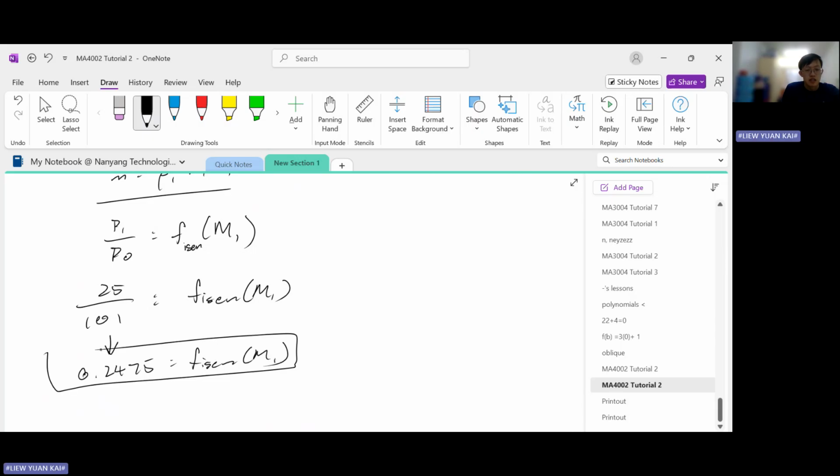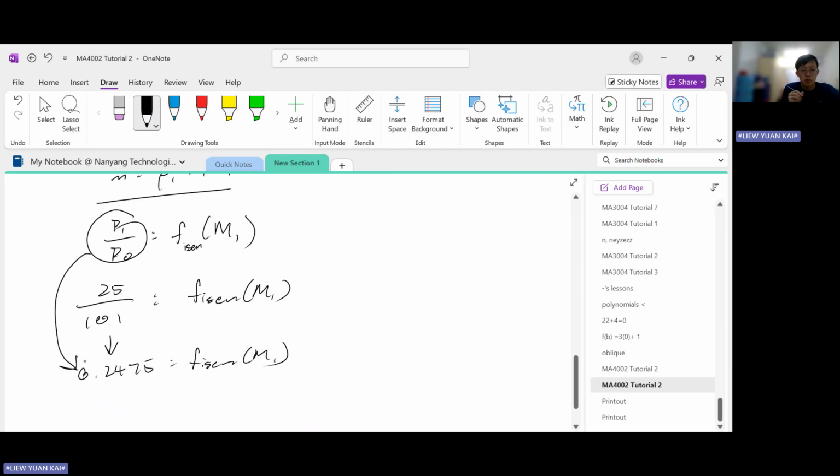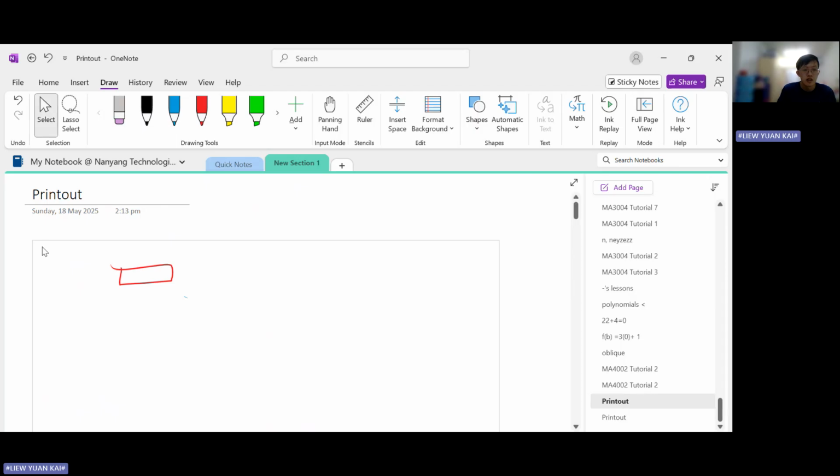This means that I need to go to the isentropic flow table and find the row in which the pressure ratio is equal to 0.2475.